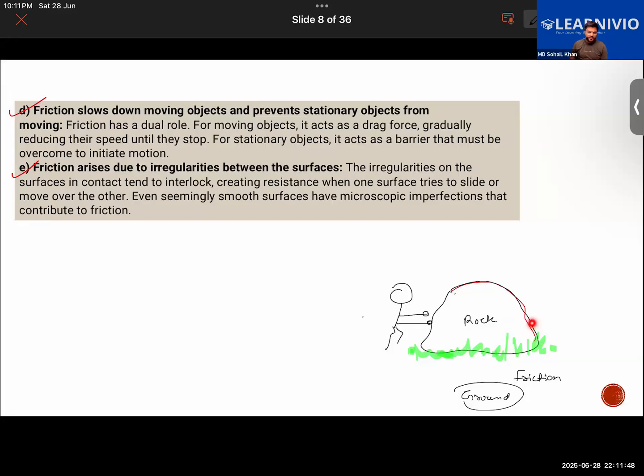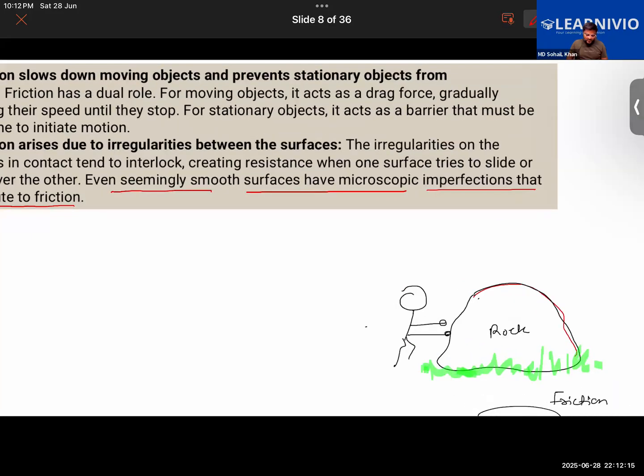Okay, then this thing also we have learned. The important statement I have written here is that even seemingly smooth surfaces have microscopic imperfections that contribute to friction. Even if two surfaces look very smooth, they still have microscopic imperfections.